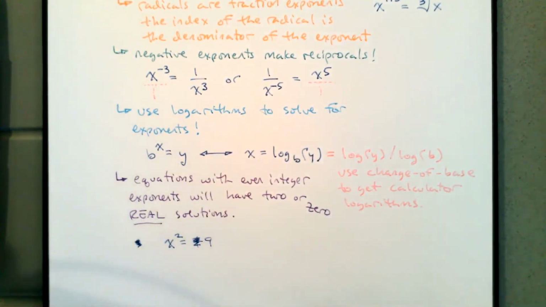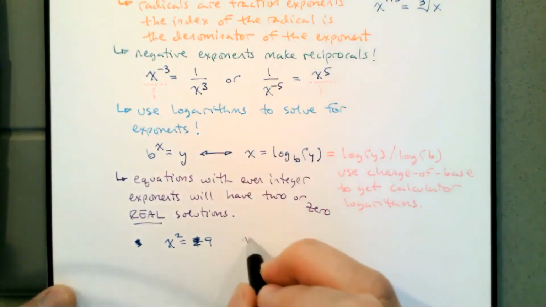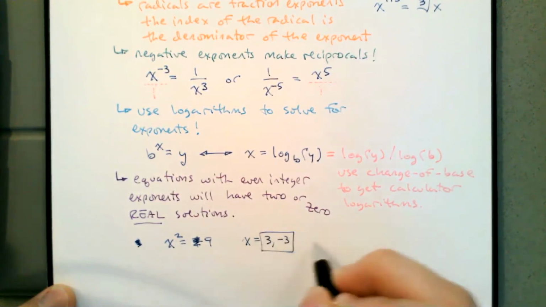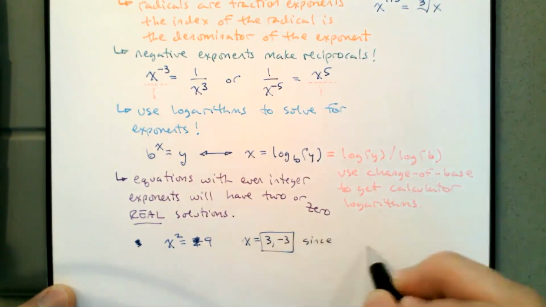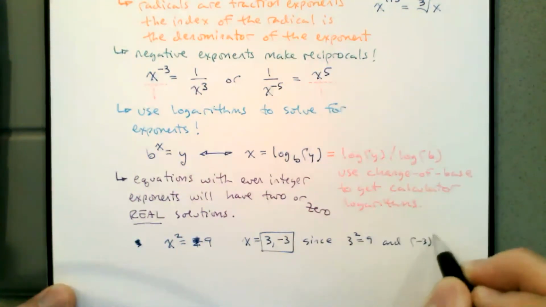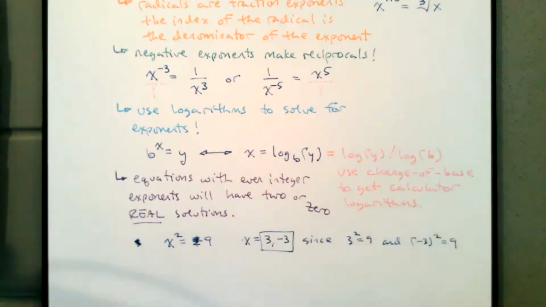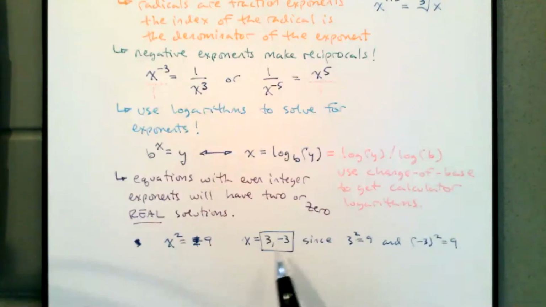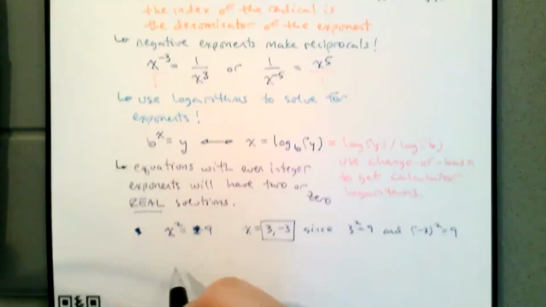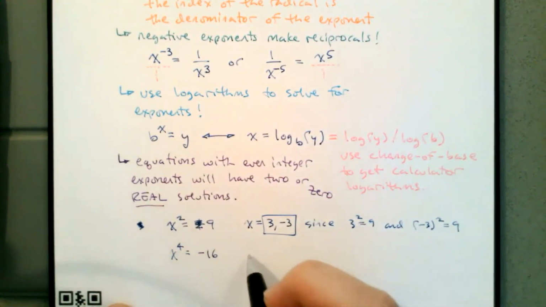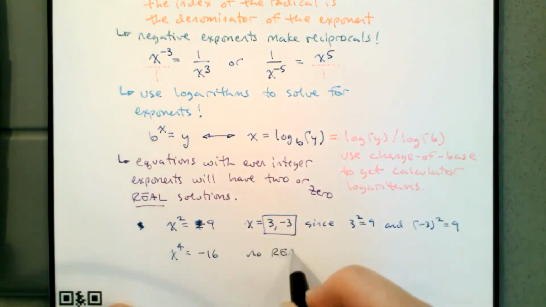If x squared is equal to 9, we have two real solutions, x equals 3 and x equals -3, since 3 squared is 9 and -3 squared is equal to 9. Even integer exponents, two real solutions. It could be zero real solutions. So for example, if x to the 4th is equal to -16, there are no real solutions.